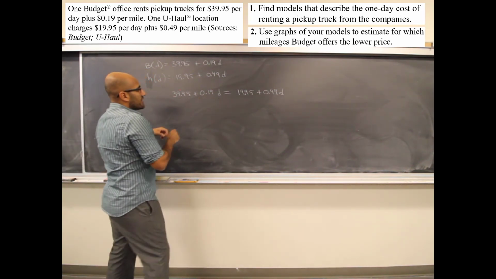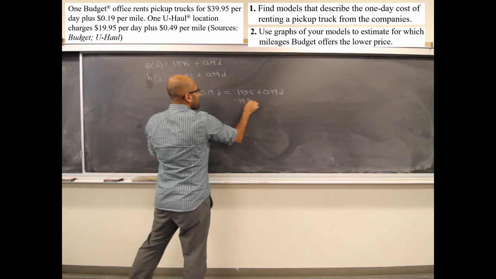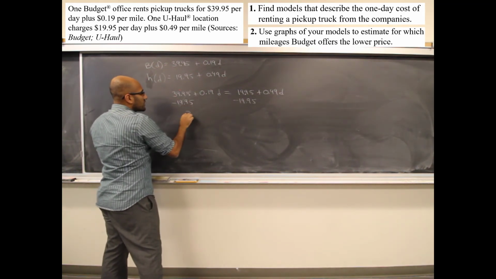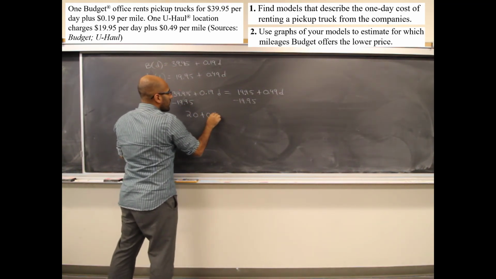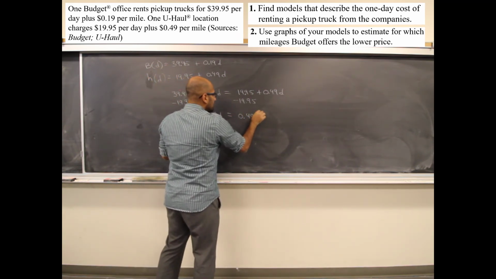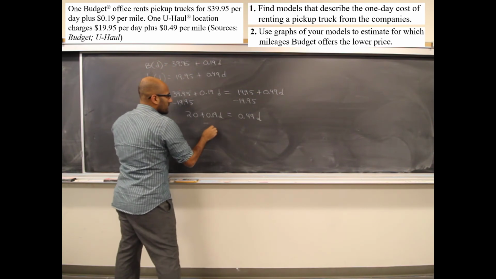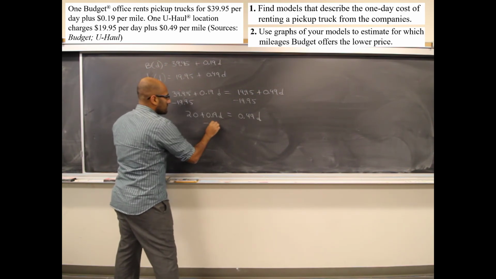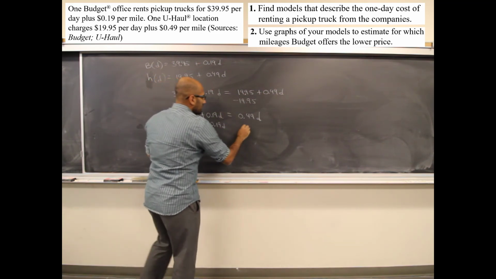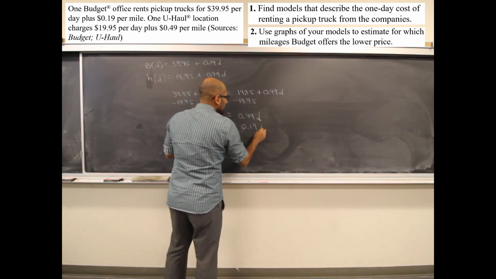So then we just solve this. So minus 19.95 minus 19.95, that's going to turn into 20 plus 0.19D is equal to 0.49D. Subtract 0.19D from here, 0.19D from there.